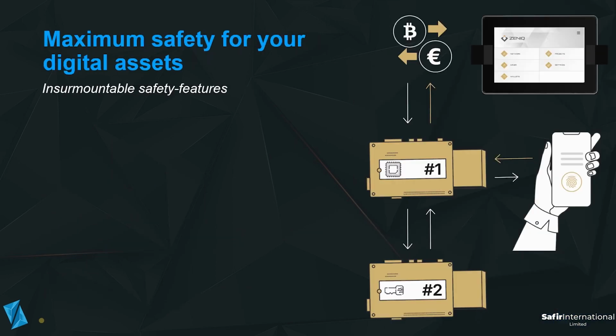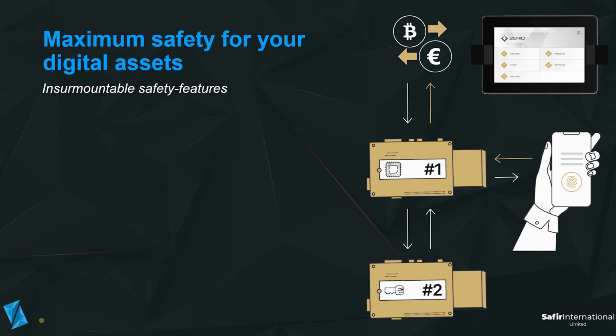Now we come to the topic of why this Zeniq Hub is as safe as it is. Here we see 2 different chips, 2 different CPUs, 2 different computers in the device. So we see chip number 1 and chip number 2.